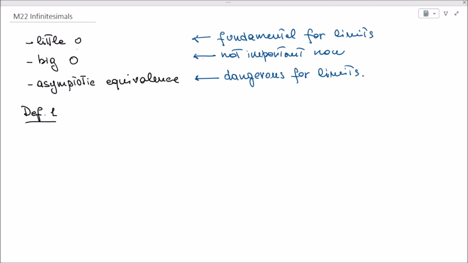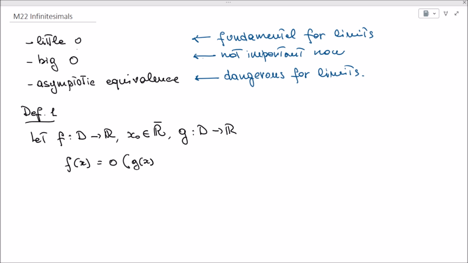Definition 1. Let f be a function defined in D with values in R. Let x naught be an element of the extended real line, and g another function defined in D with values in R. We say that f of x is equal to small o of g of x for x that tends to x naught if there exists a function omega defined in D with values in R, so same domain and codomain of f and g, such that there will be two conditions, 1 and 2.